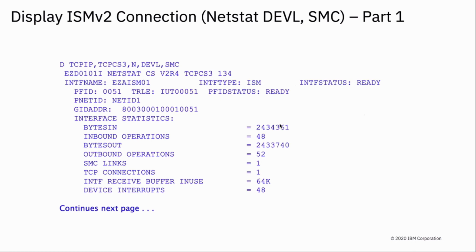It has interface type of ISM, and you see what PNetID and what TRLE on the VTAM side of things it's using. You see it's ready, its GID, and you see all these stats about how many bytes have come in and how many bytes have gone out. All this information was there for SMC before now. But as we go forward, we'll see some new information, some changes in this display.